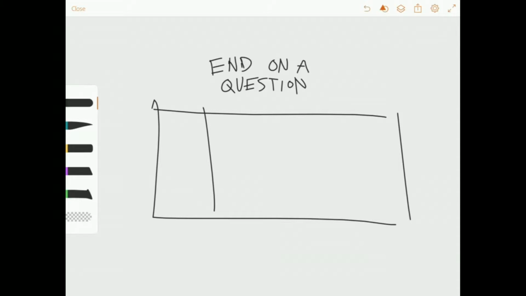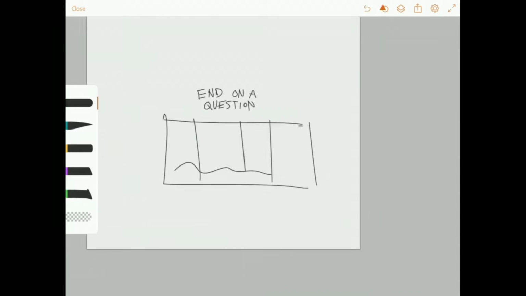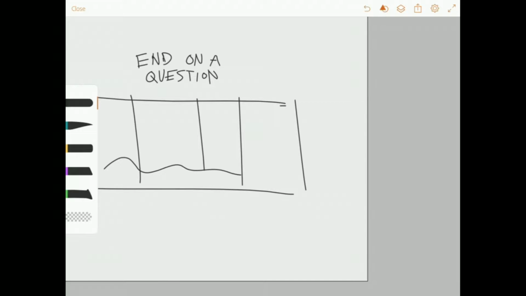You can have all this stuff going on over here, and the reader assumes that somebody is completely informed or they understand all this stuff. And then at the end of it, you could just kind of throw the reader through a loop by just asking something. So it would be like, what? Just implying that somebody did not understand any of this other really obvious stuff.